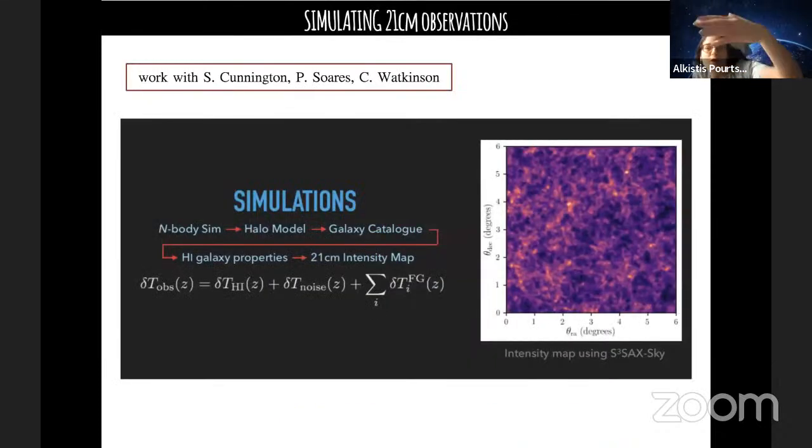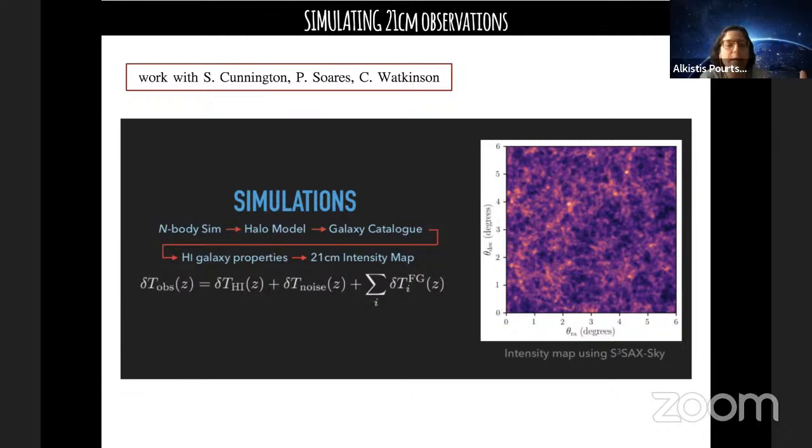Now, if we move towards actually doing cosmology, we definitely need simulations. We do know that optical galaxy surveys only really reached their full potential when they had simulations that they could trust. This includes simulations of the signal, but also simulations of observational effects. So some work that I have been doing with Steve, Paula, and Catherine is taking simulated data products that our optical galaxy friends have made.